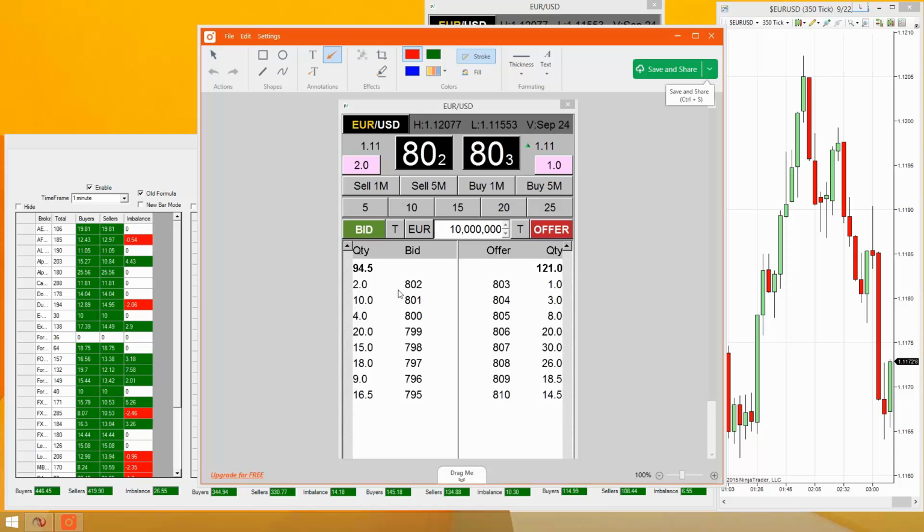There is no way on MT4 that you can buy at this price and also sell at this price. The only way you can do it in MT4 is buy at the ask and sell at the bid. But sometimes you want to buy at the bid and sell at the bid.